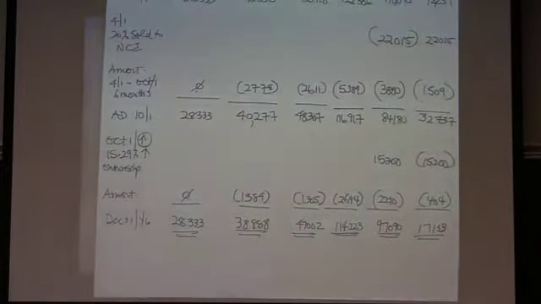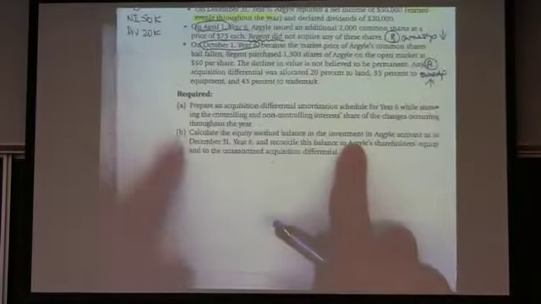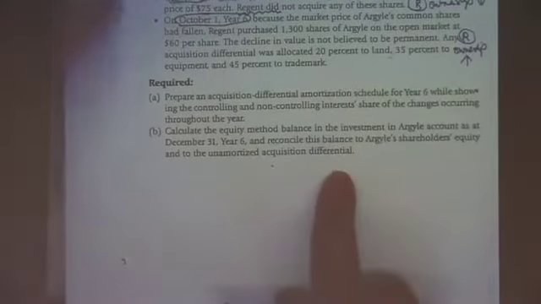Okay, so that's really answering part A. Part B, we're going to start calculating part B. And part B asked us to calculate the equity method balance, the balance in the investment in Argyle. So let's do that.